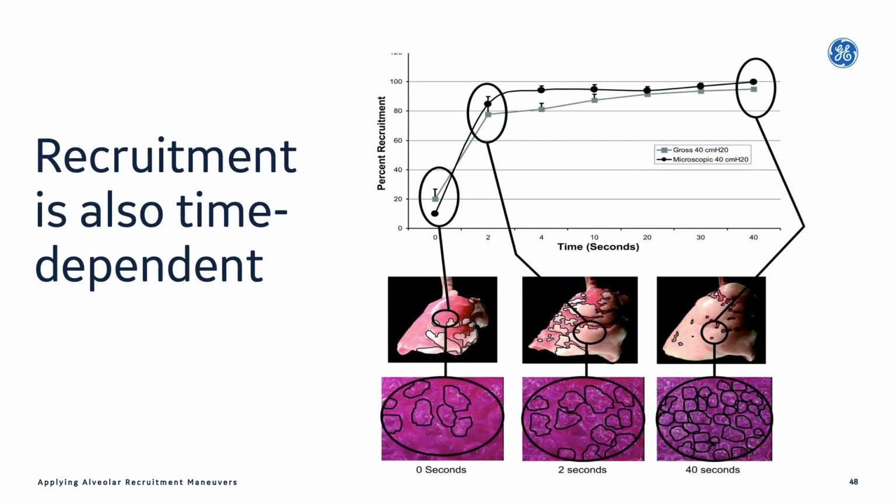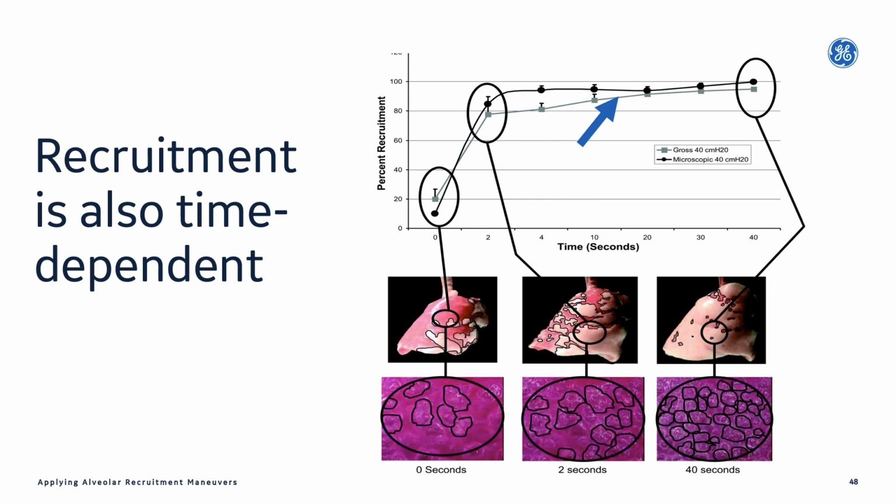Recruitment is also time dependent. Certain alveoli have a time constant that requires a longer exposure to pressure before they will reopen. As you can see in this slide, at about 7 to 10 seconds, most of the alveoli are recruited, and recruitment maneuvers going beyond 10 seconds or so are really not required and may just further worsen hemodynamics rather than help with opening more alveoli.